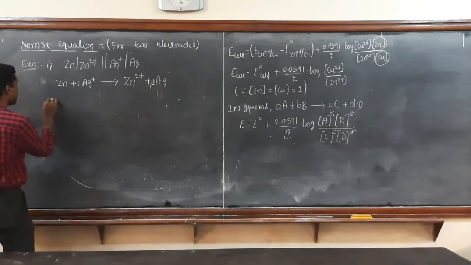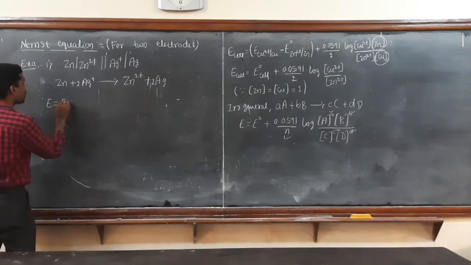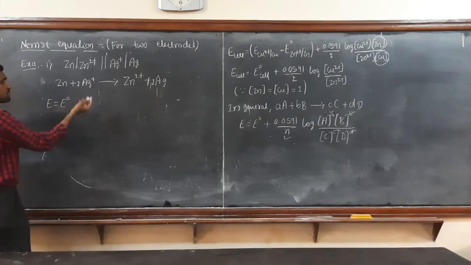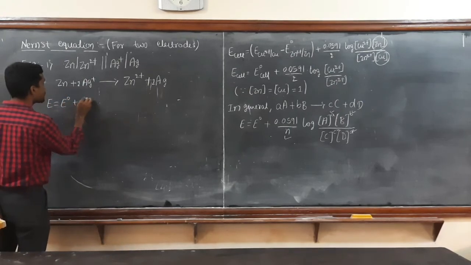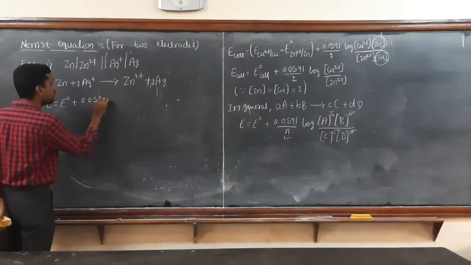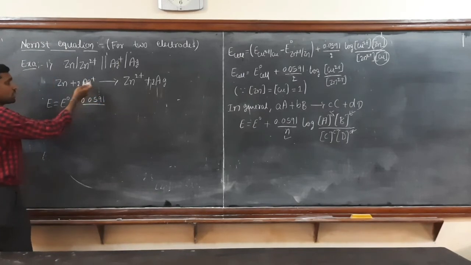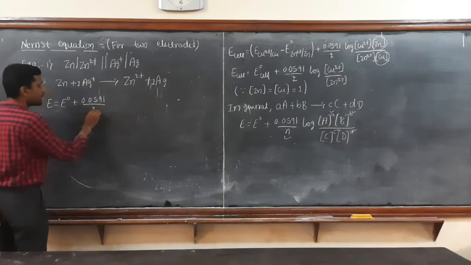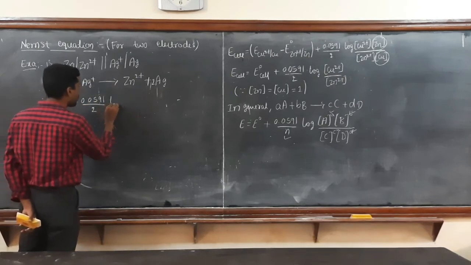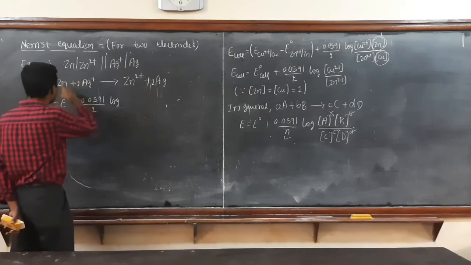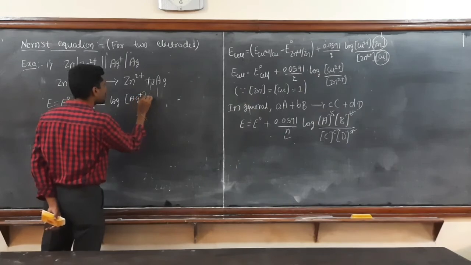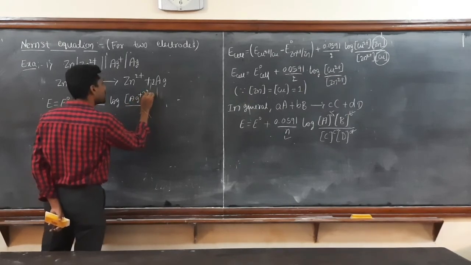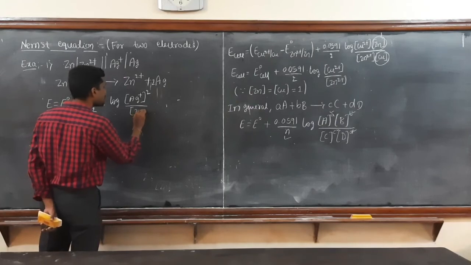Therefore the equation can be written as E is equal to E naught of cell, with respect to zinc as well as silver in this case, plus 0.0591 divided by 2, since 2 electrons are involved in the reaction, log of the concentration of Ag plus, squared, then the concentration of Zn2 plus in this case.